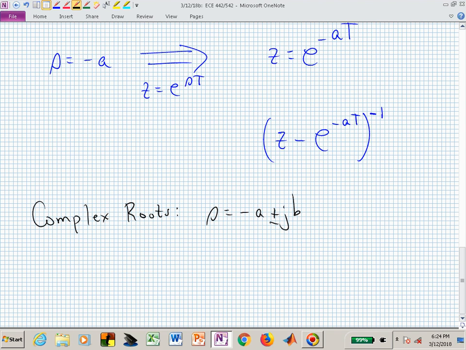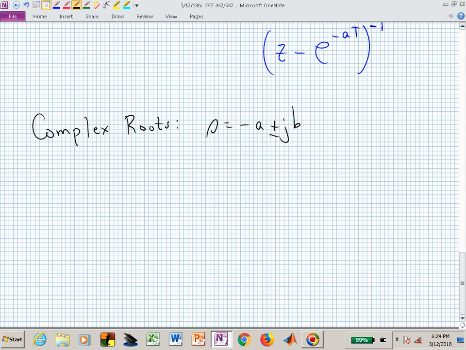So now I have complex roots at minus A plus and minus JB. How does that map? Or what kind of a factor do I have there? And this is a hint for another homework problem. Maybe.